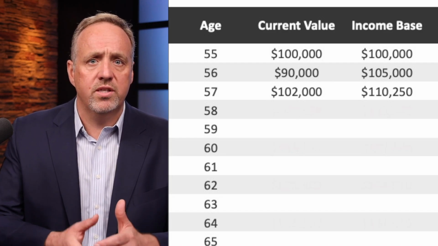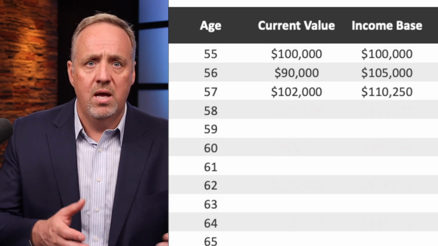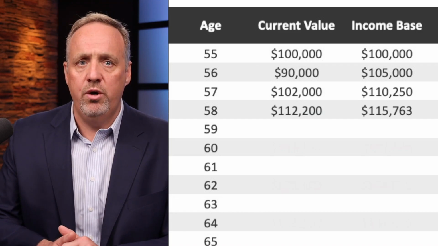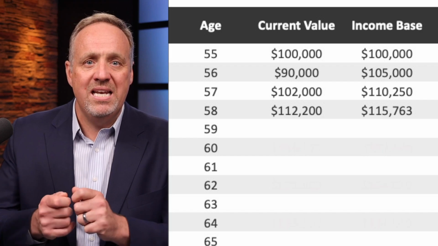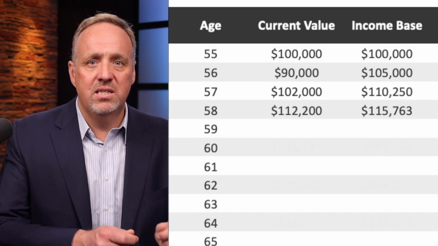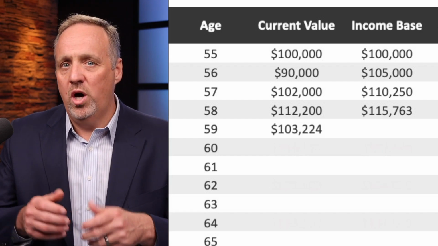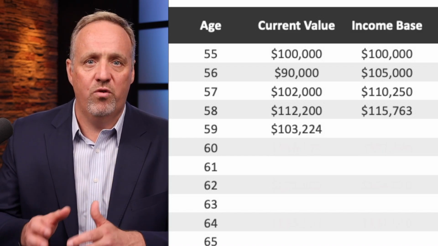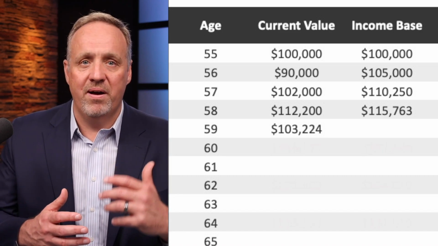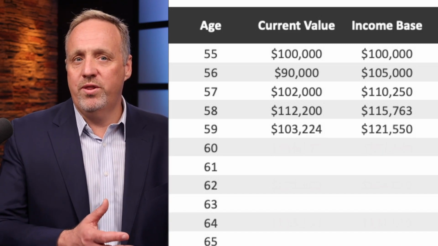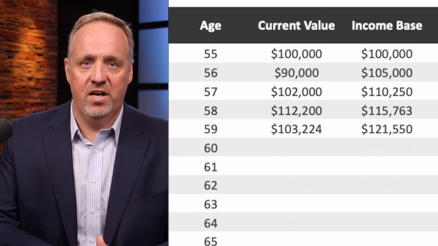Now, the following year, the sub-accounts have another 10% return, and now current value is $112,200. The following year, the markets fall again, and your current value declines by 8% to $103,224. And then the income base increases yet again by 5% to $121,550.